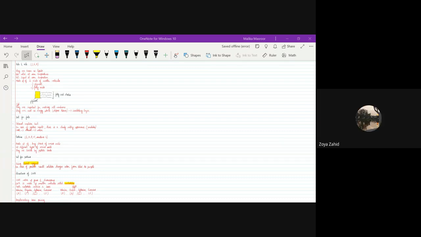Miss, are these bases made of proteins or sugars? Sorry, which bases? The bases, are they made up of proteins or sugars? What do you think?